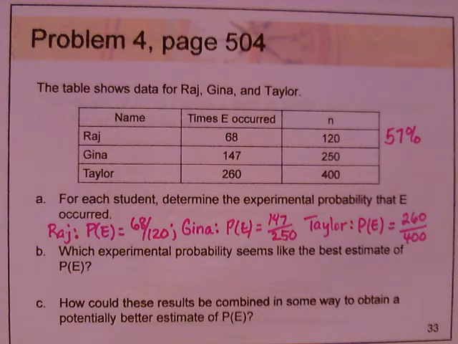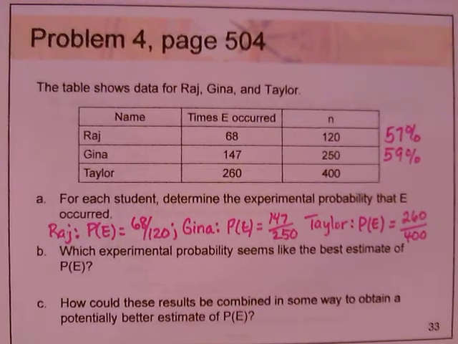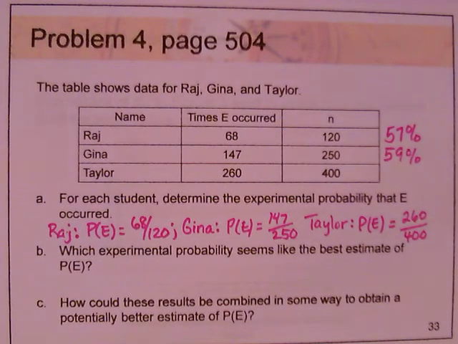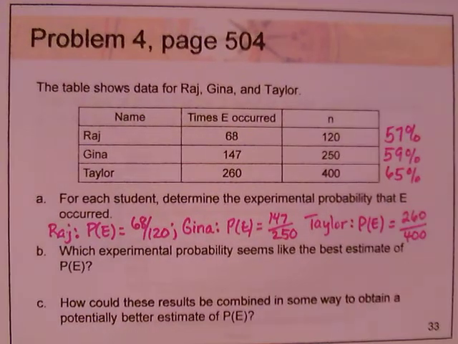So I'm going to do 147 divided by 250 times 100. I get 58.8. So this will round off to 59%. And then for Taylor, 260 divided by 400 times 100. Well, it's exactly 65%. Okay. So those percentages represent the probability for each one of those as a percent.